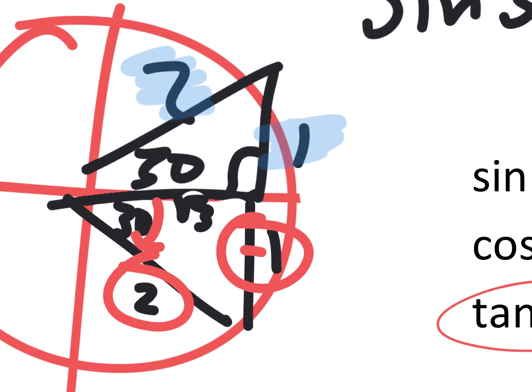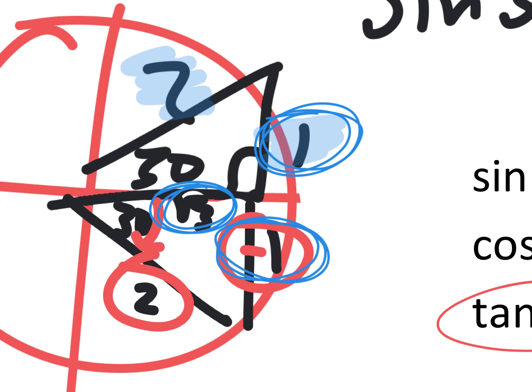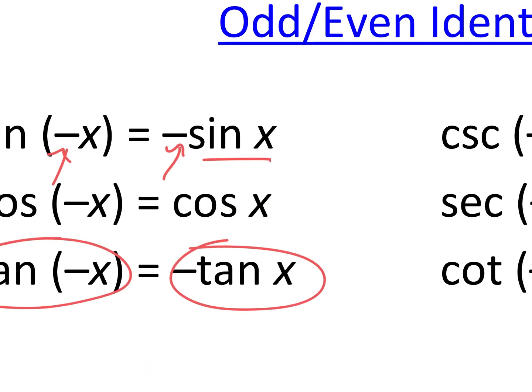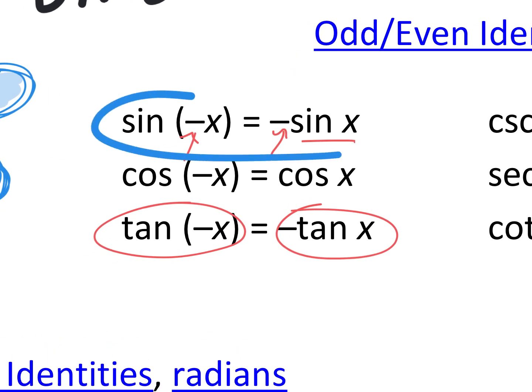Would you agree that tangent is TOA, opposite over adjacent, and therefore 1 over square root of 3? And if I go down and do tangent of negative 30, look, I get negative 1 over root 3. It's the same answer except negative. So, see, if you do it for tangent, it's the same as sine.